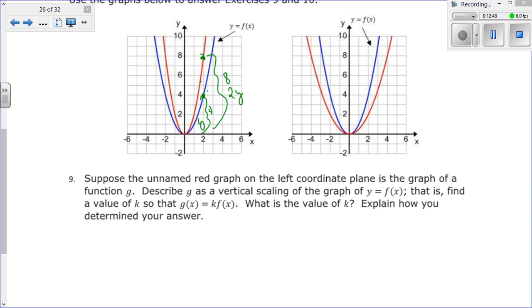So that would mean that the red parabola has then y equals 2 times f of x. So that means that g of x is equal to 2 times f of x. So the value then of k is 2.